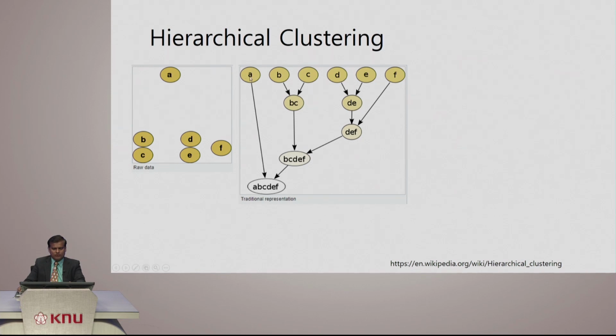B and C are combined together to form another cluster, BC. D and E are combined to form another cluster called DE. Then F is joined with DE to form another cluster. Then BC and DEF are joined together to form another cluster. Finally, A joins it as a whole.